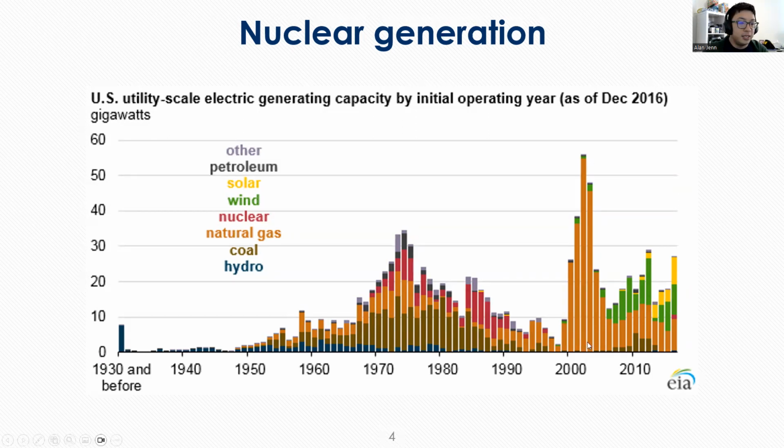You can see that in the 2000s, as we discussed last time, you have a lot of natural gas, and then more recently we're building lots of green and yellow, which is wind and solar. But for nuclear, you'll see that most of nuclear generation was built between the 70s and the 90s, and there really hasn't been much nuclear built since then.